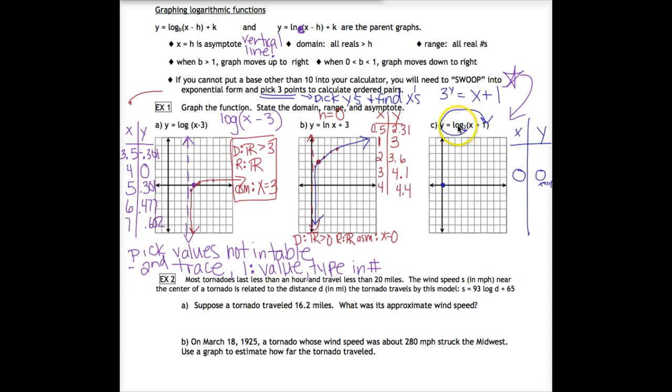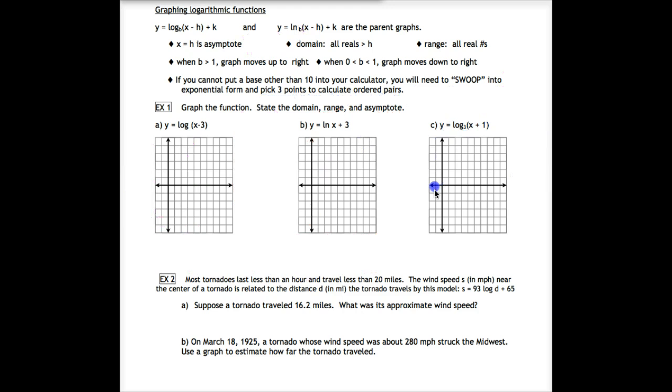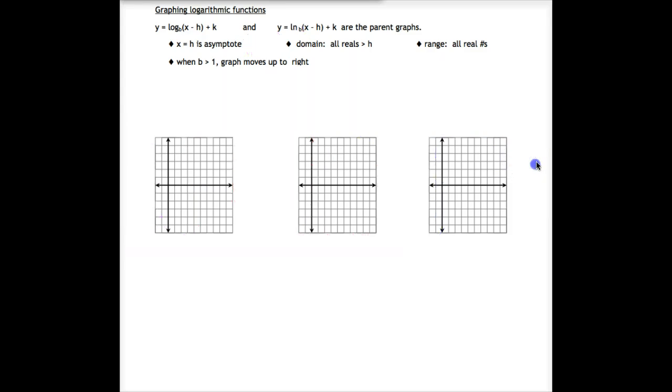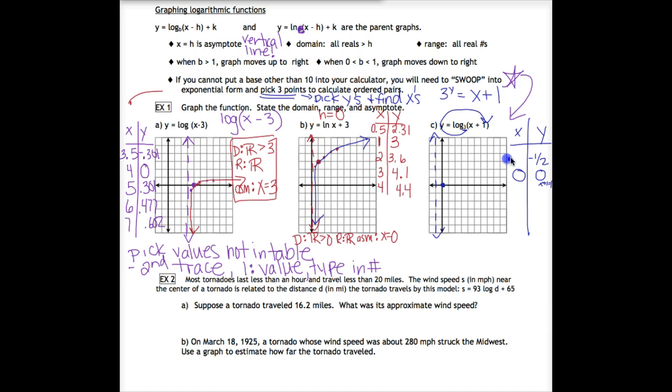Now, you should still know where your asymptote is. Your asymptote here, if this is a plus 1, is right here at negative 1. So there's my asymptote. So I know that I can't pick 1, but I could pick negative 1/2 if I wanted to. And I already forgot, you have to pick the y.